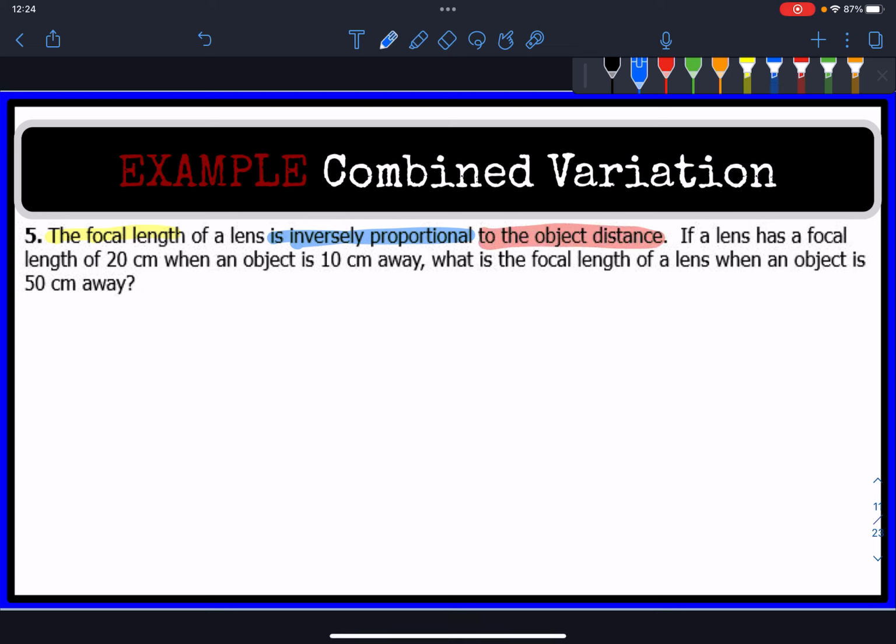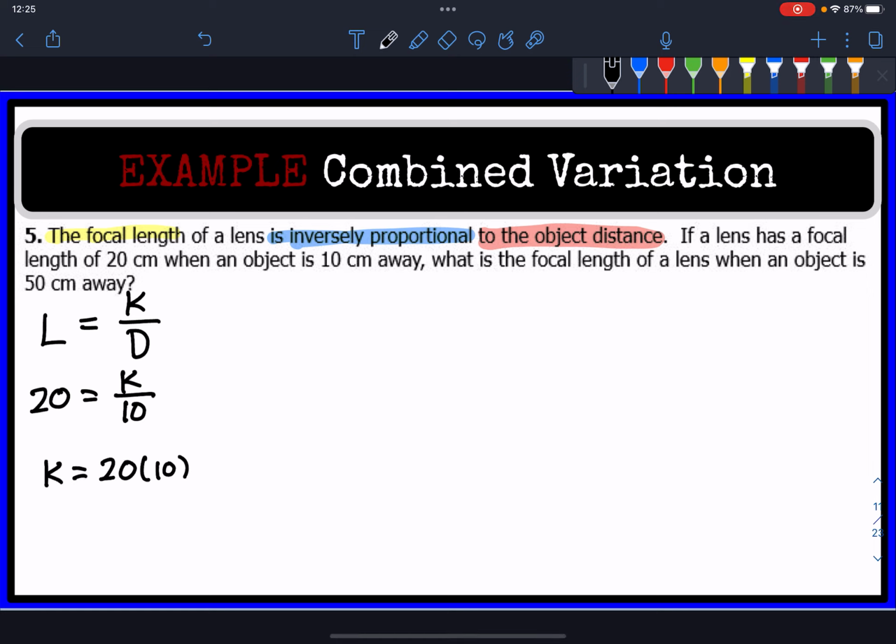So what does that mean? That y is equal to k divided by x. So here, let's use L for the y, k divided by x, and let's use d for distance for our x. If a lens has a focal length of 20 centimeters, so if L is 20 when the distance is 10, we can calculate k by multiplying 20 and 10, which is 200.